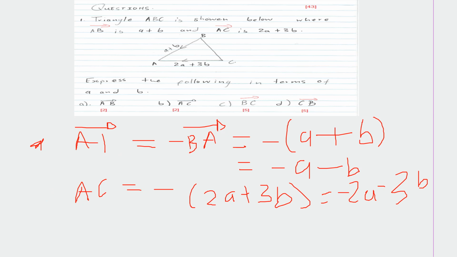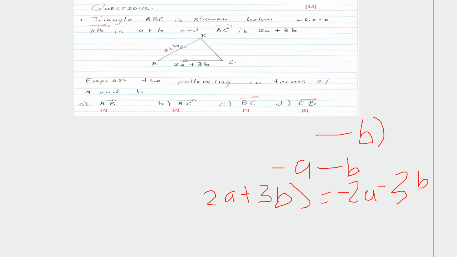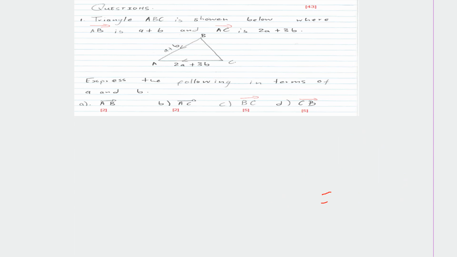Okay, let me just erase for space. Then now we have to find BC. If we look here, BC will be the resultant of, remember the direction is important, it's going to go this way.